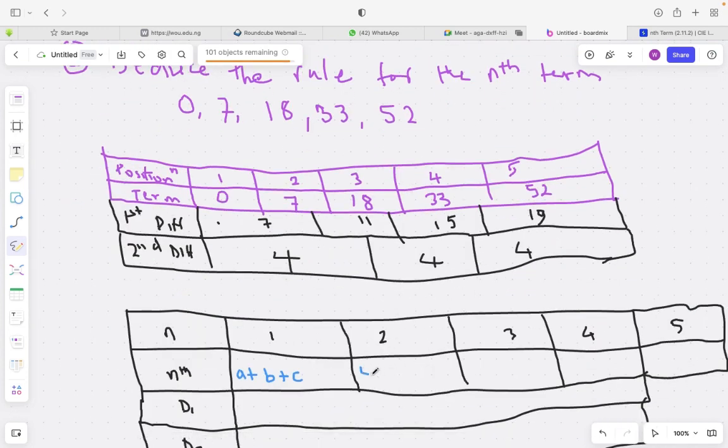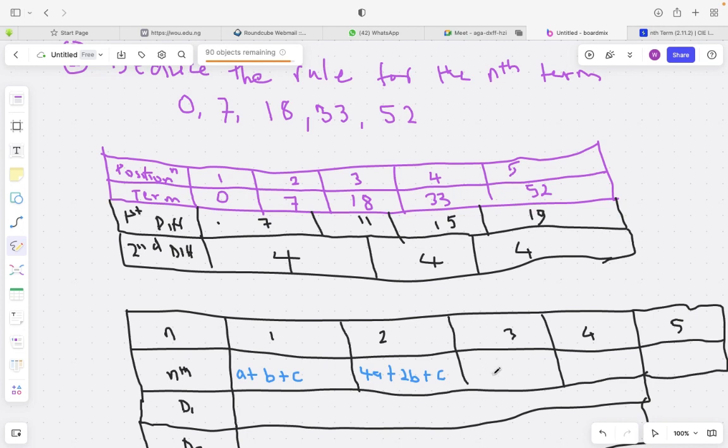Don't be wondering how we got 4a, because n is 2, so 2 squared is 4, because it's n squared. 4 times a, you have 4a, plus bn. Since n is 2, 2 times b is 2b, plus c. That's what we have here.